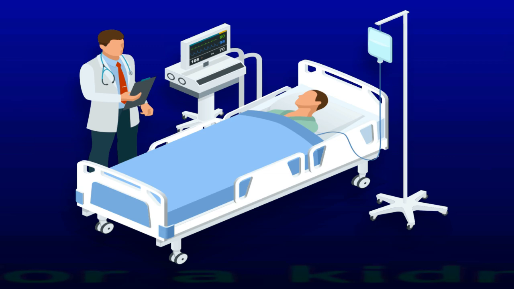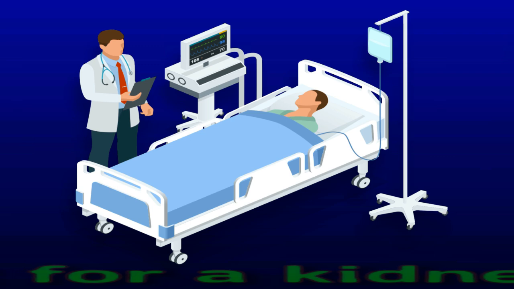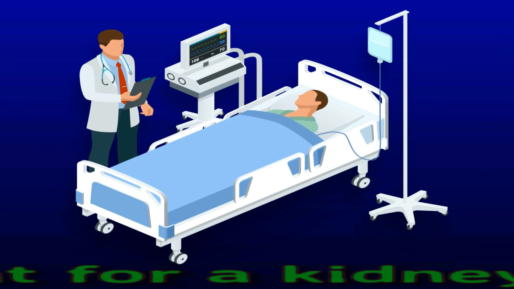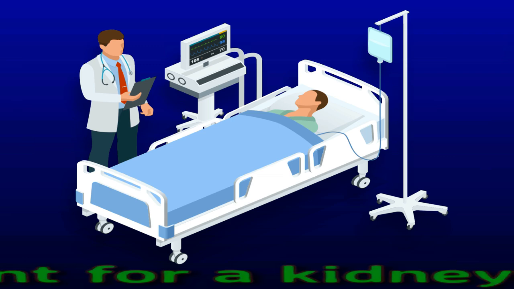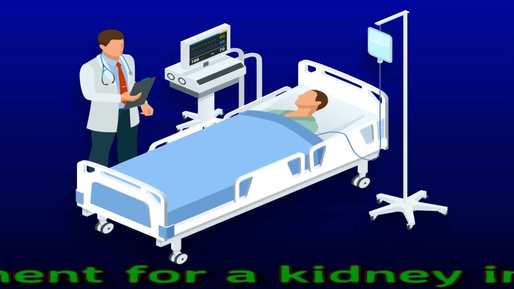Treatment for a kidney infection. If a person suspects they have a kidney infection, their doctor or another healthcare professional will likely recommend a urine test. The usual course of treatment for a kidney infection is antibiotics, though some people require other forms of treatment. Antibiotics.